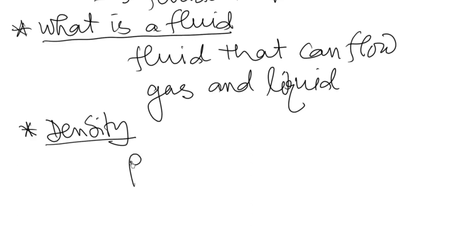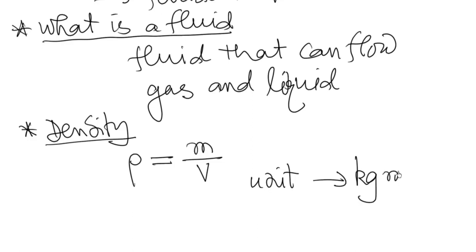Density is denoted by rho, and it is mass per unit volume. And the unit of density is kg per meter cube.